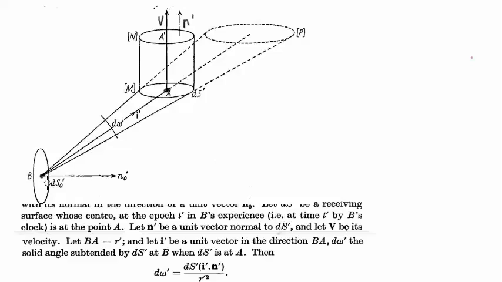We had an emitter, which is a surface of a nebula. We had a receiver, which is basically the aperture of a telescope.